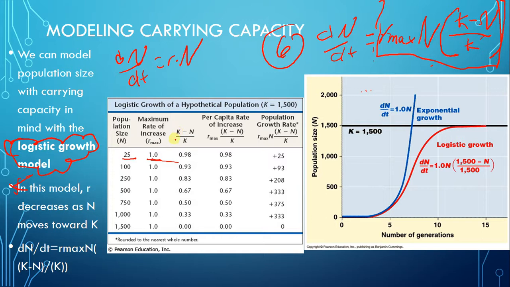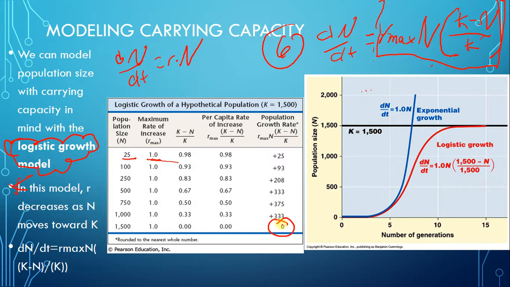So our r max N value is going to get smaller and smaller, until we get to a point where it's 0.